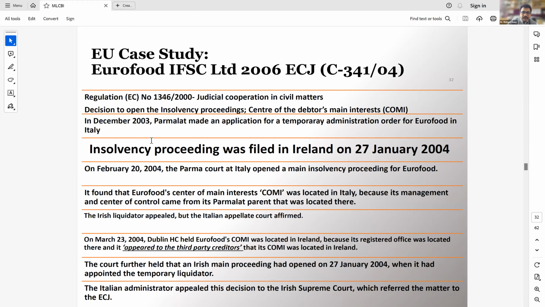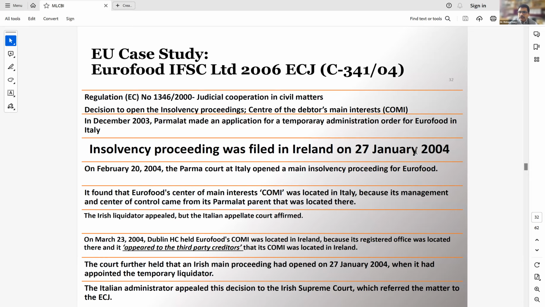So now what had happened is that after this insolvency proceeding was filed and admitted in Ireland in January 2004, this Irish administrator went to Italy to get this insolvency application recognized and enforced in Italy.